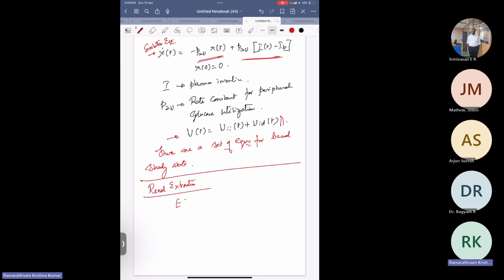Okay, so let's say that renal extraction through the kidney is very easily modeled as KE1. How do you think we can model it? Arjun, you know the physiology quite well. How do you think you can write it? Just guess.